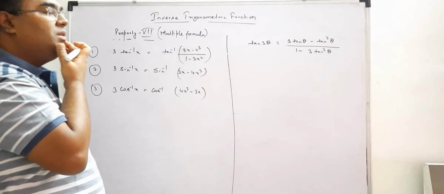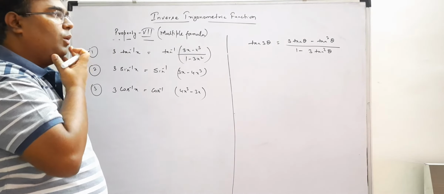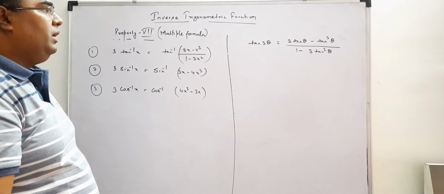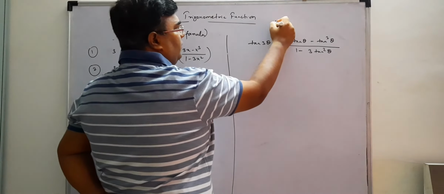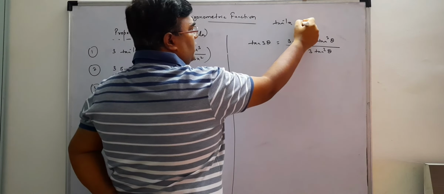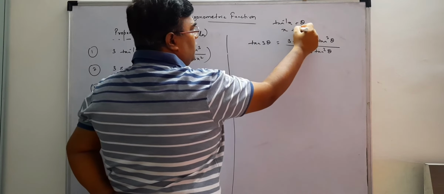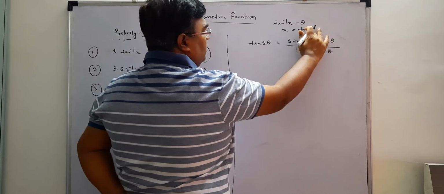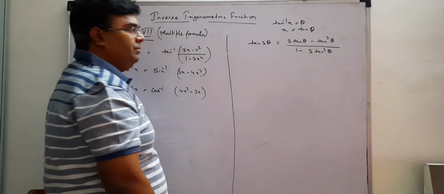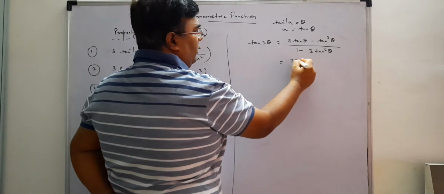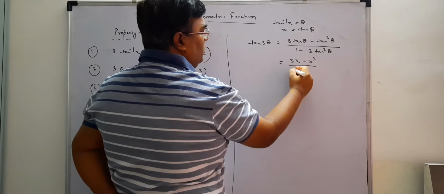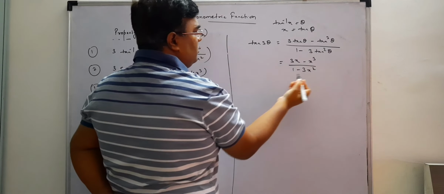Okay, you need to remember these formulas, otherwise you will not be able to derive that. Tan 3 theta is equal to this much. So let us take tan inverse x as theta. So my x is tan theta. Putting the values here, we will get 3x minus x cube upon 1 minus 3x square.